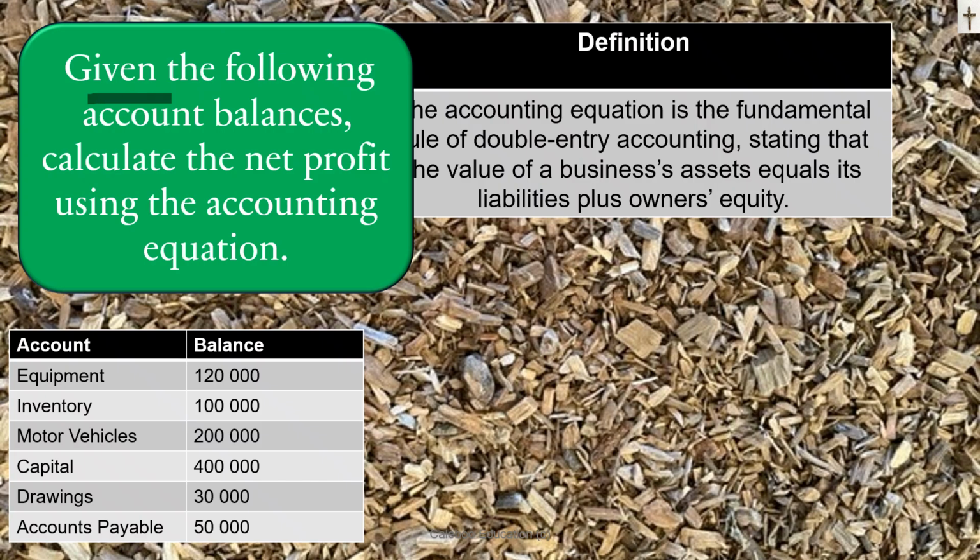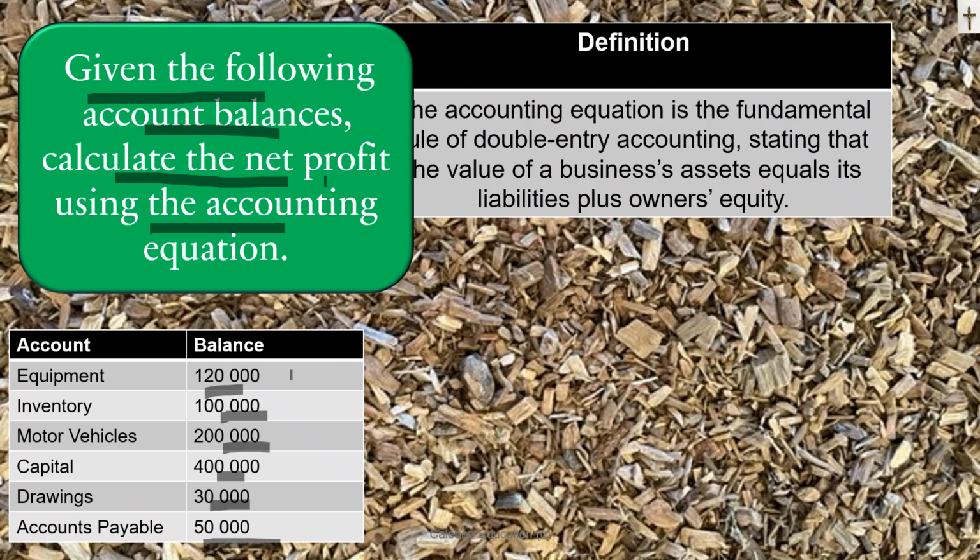Now it says, given the following account balances, calculate the net profit using the accounting equation. Net profit is income minus expenses, but we're going to use the accounting equation. So we've got asset, asset, asset, asset, owner's equity, liability.